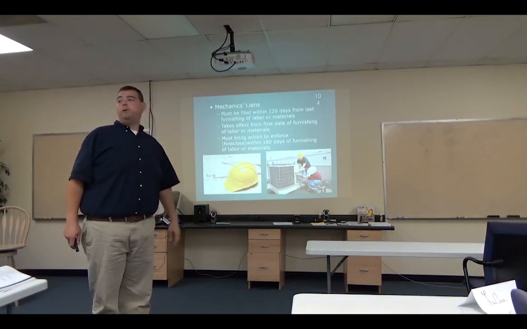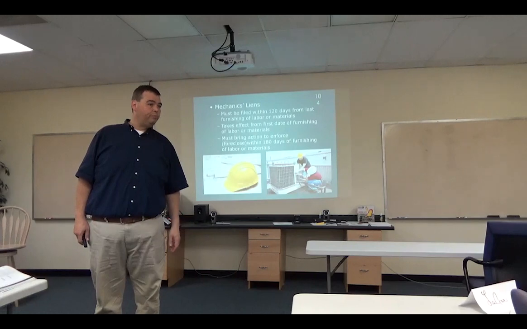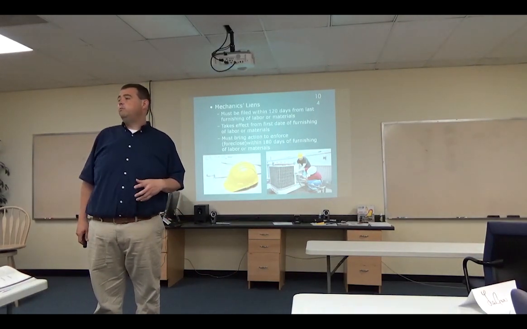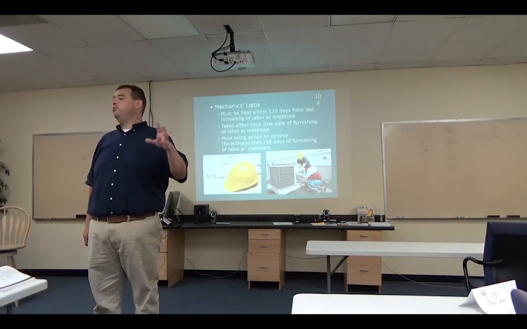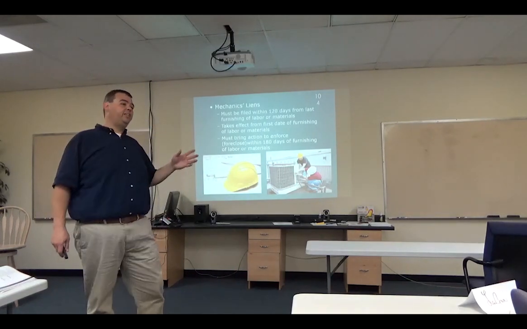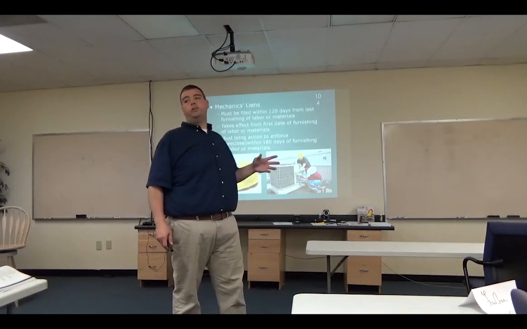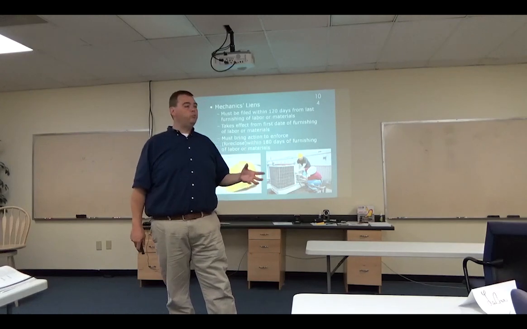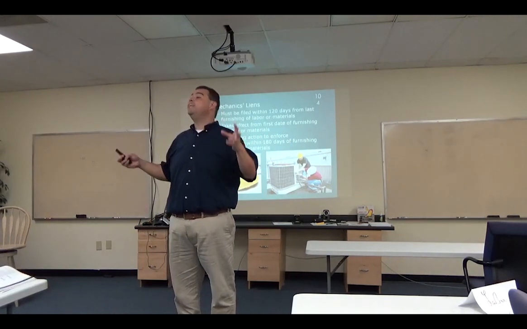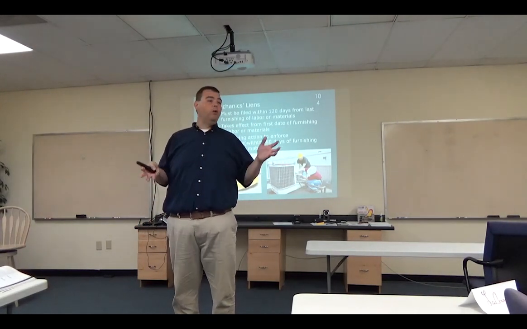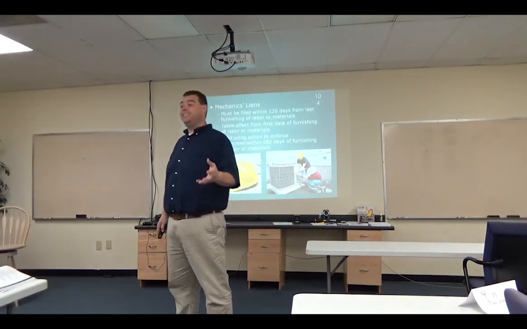If you're the electrical subcontractor working on a house, it's not 120 days from the time you started doing work or 120 days from the time you finished some portion. It's 120 days from the time you were completely done with your work on that property, whatever you contracted to do.